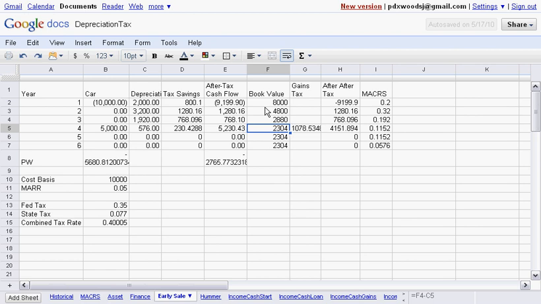And so when you sell the car, Uncle Sam basically says, hey, you owe us some money, go ahead and pay the taxes back. So that's what we're doing here, adjusting those tax payments with this gains tax column. All I'm doing is taking the difference between the sale value of the car, $5,000, and its book value, and multiplying it by that combined tax rate.